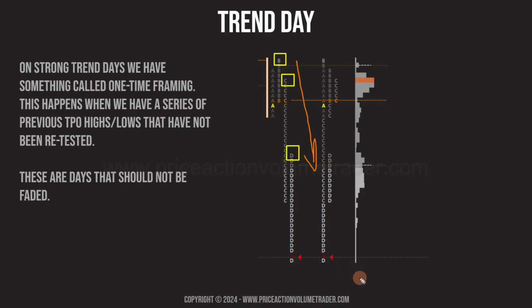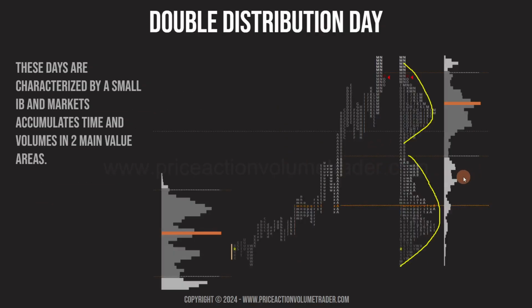And you can see right here the one-time framing, where we have the edge of B here, C, D, but we are not retesting the tops of these levels, meaning every period, every 30-minute candlestick, is just continuously making lower highs and lower lows. Okay, so on these days you definitely do not want to try to fade momentum.